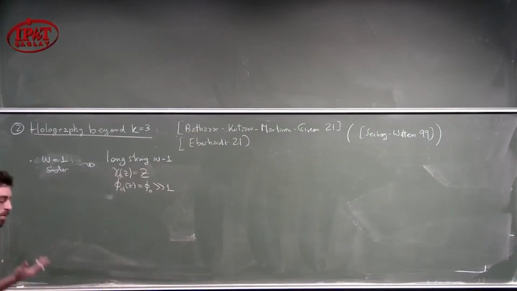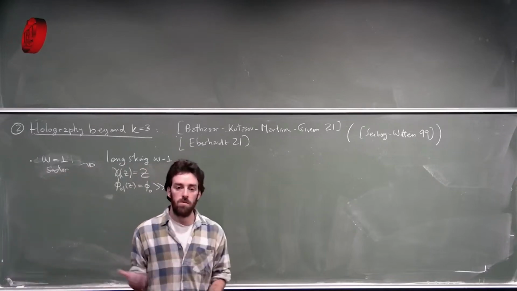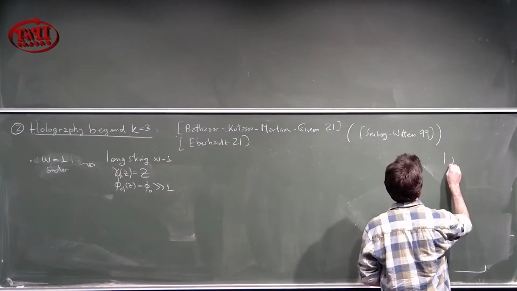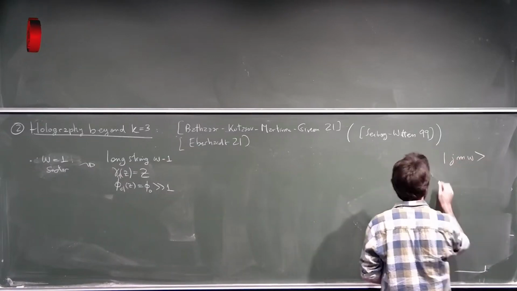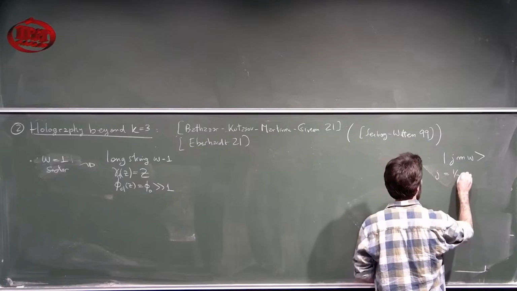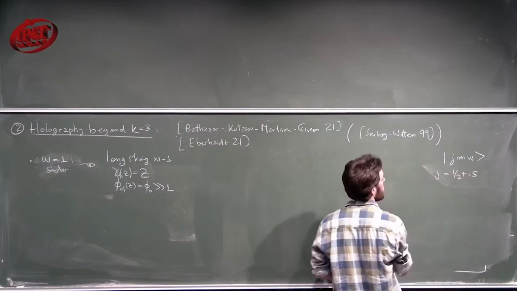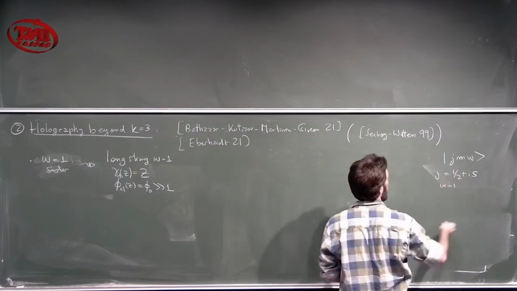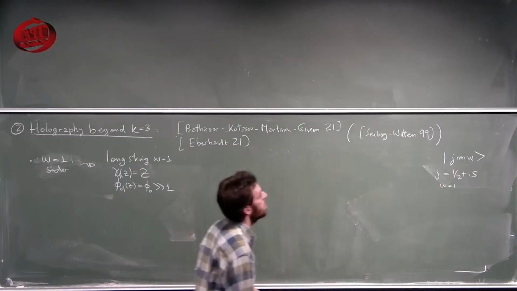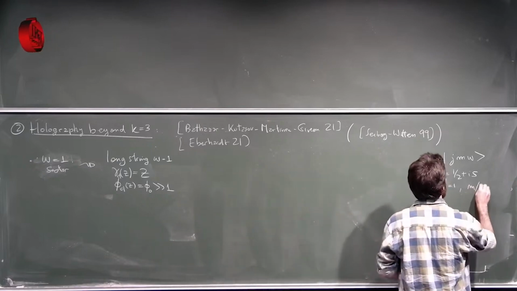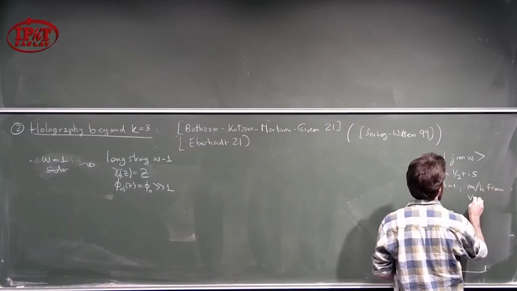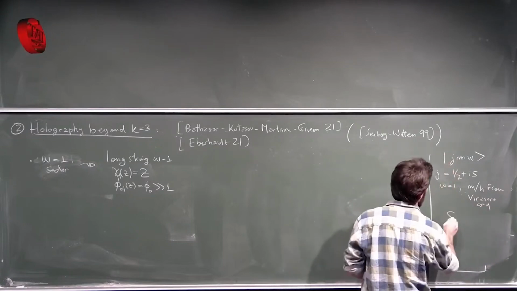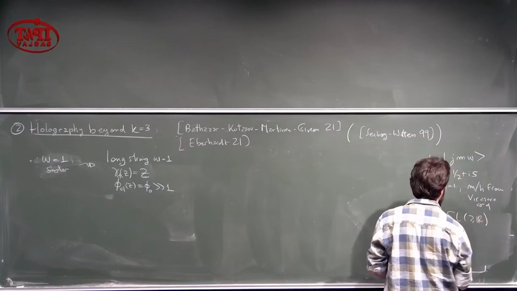We already know one way of describing what a long string state is: take some state, for example j, m, omega, where j has to be 1/2 plus something, and we take omega equals 1 in this case, and m is whatever it has to be, from the Virasoro condition. So this is the picture in the SL(2,R) Wess-Zumino-Witten model.